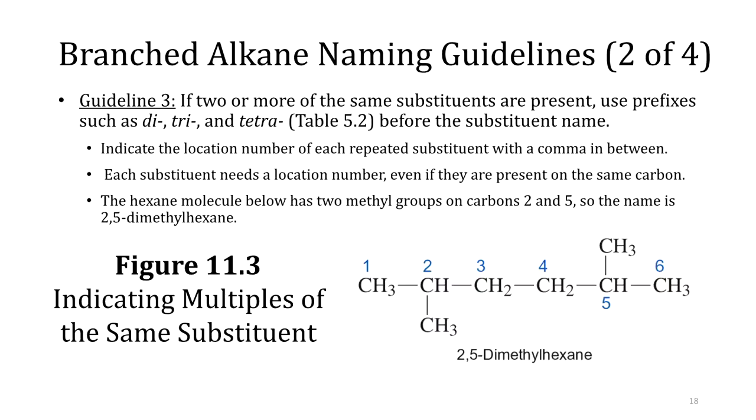Next up, if we have 2 or more of the same substituents, for example, if we had 2 methyl groups on there, we would call it dimethyl. If we had 3 methyl groups, we'd call it trimethyl. If we had 4 methyl groups, we'd call it tetramethyl, and so forth. So here, we actually use the prefixes from the table in Chapter 5 that you learned earlier.